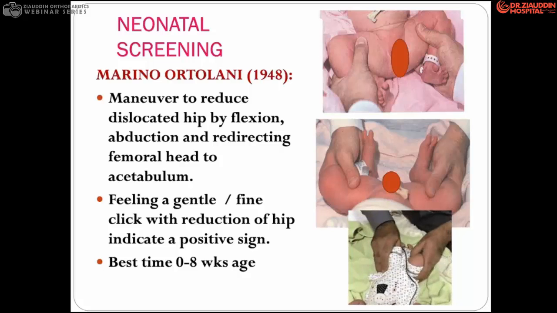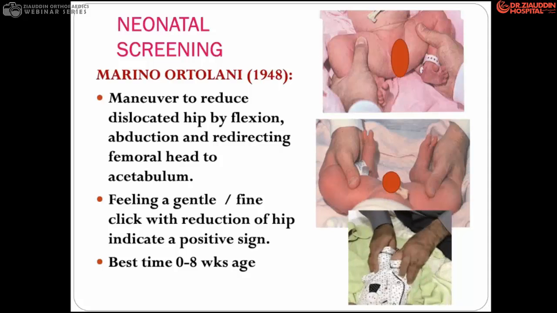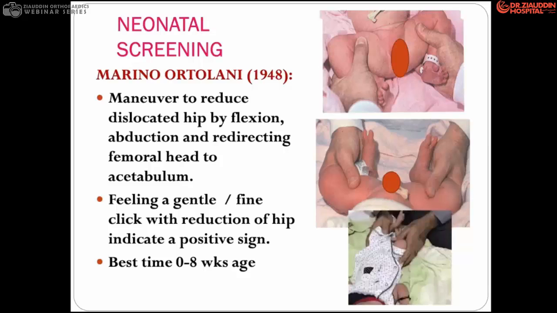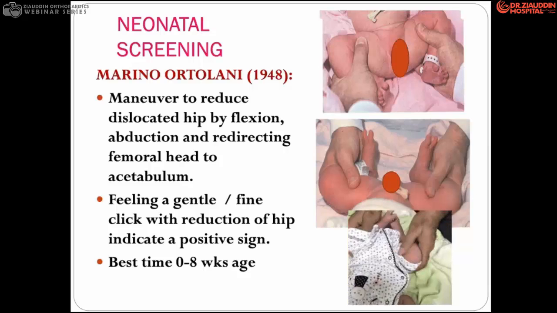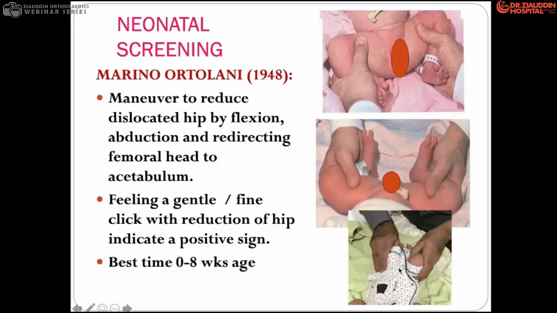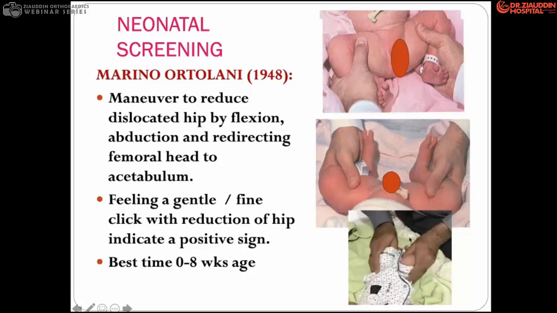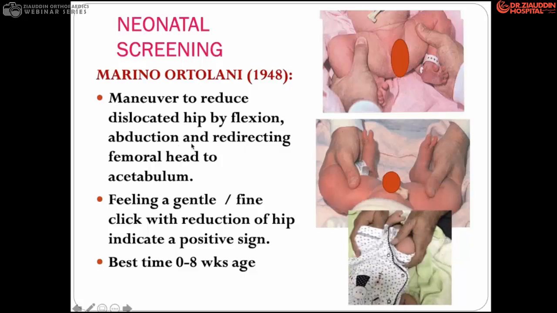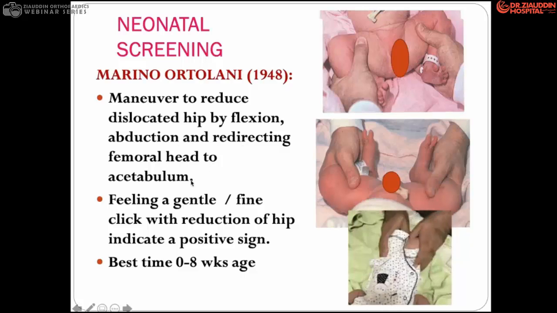Here are again the details of the Ortolani test, which was developed in 1948. The Ortolani test is basically a test to reduce the femoral head in unstable, dislocated hips. It has to be maneuvered like this, as you can see here. We will also play a video, and this maneuver reduces the dislocated hip in abduction. Redirecting the femoral head is very important.